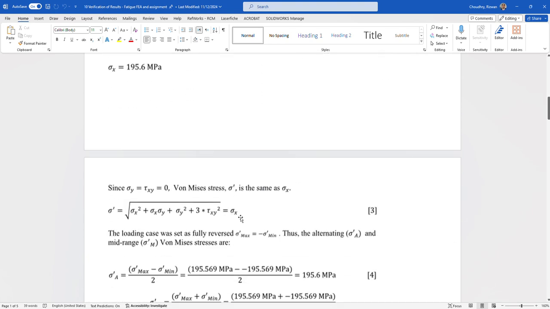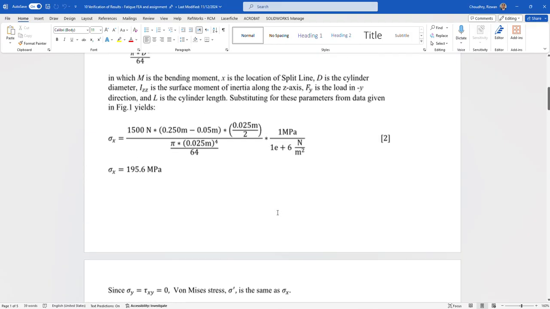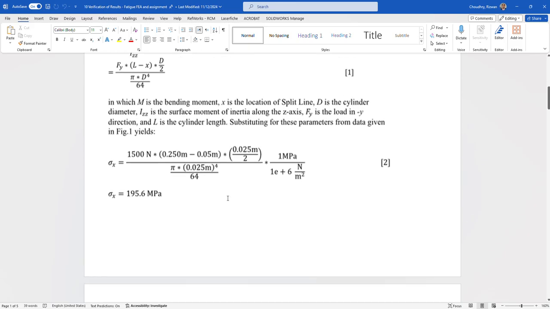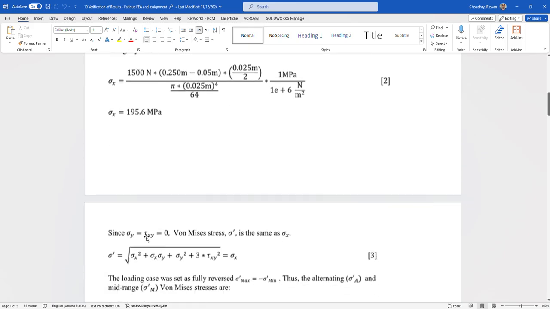Again, the formula that you have considered in the class, but because this is a cantilevered beam, and the shaft length is significant, so this is a significantly long shaft as compared to the diameter, we are assuming that for this particular shaft, the value of the shear stress is zero.